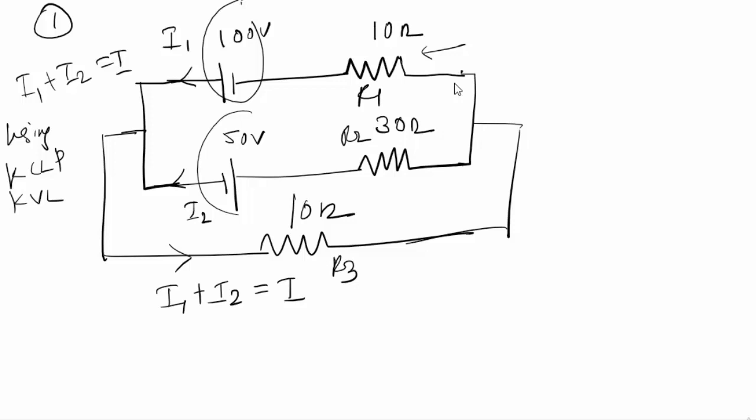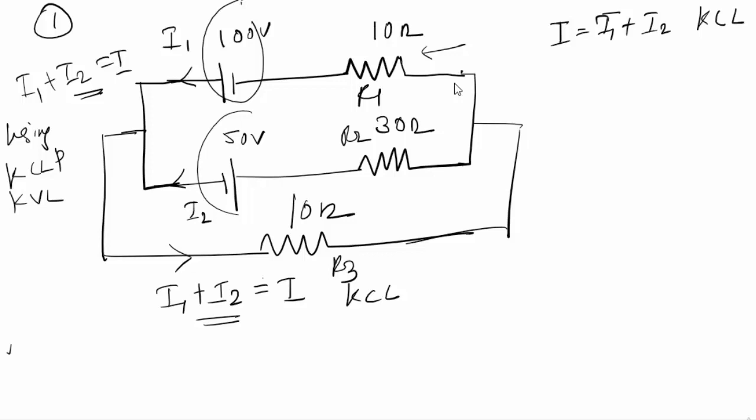What I want to find is the value of the current I, which is equal to I1 plus I2, using the KCL, and finding the value of I is my task. So the first equation which I get is I equal to I1 plus I2, by applying the KCL to the circuit.